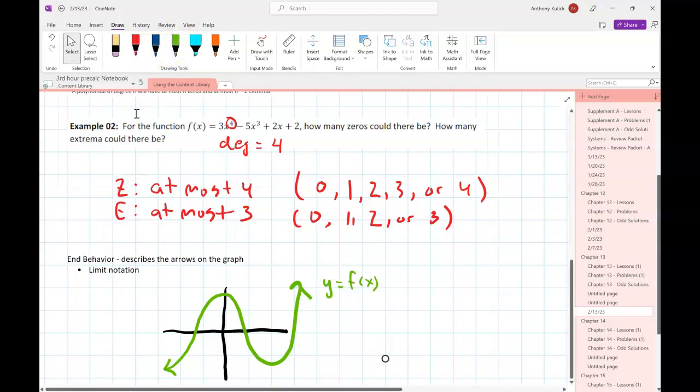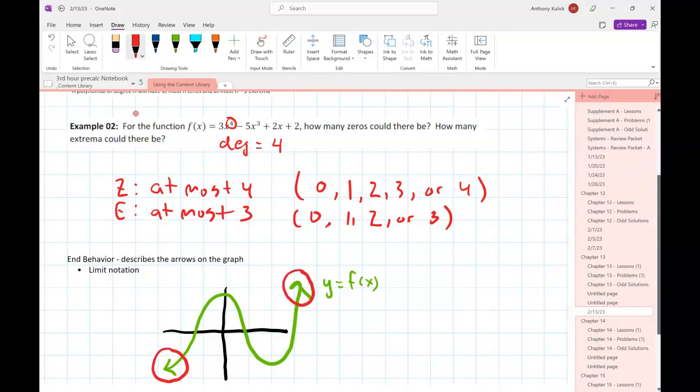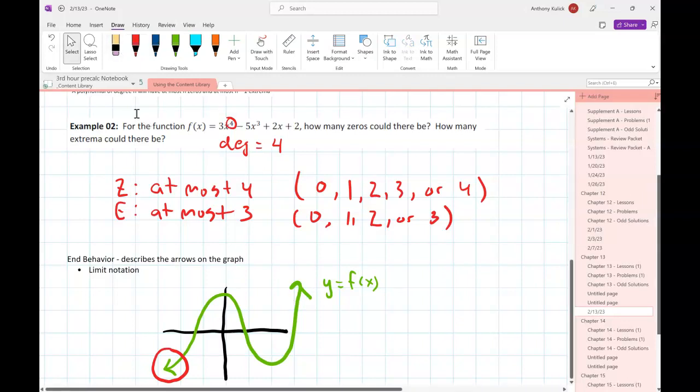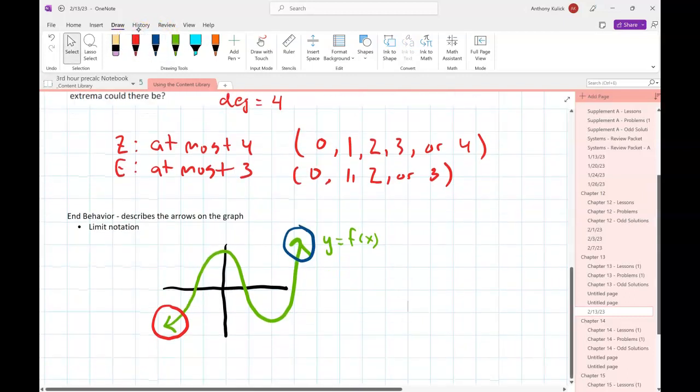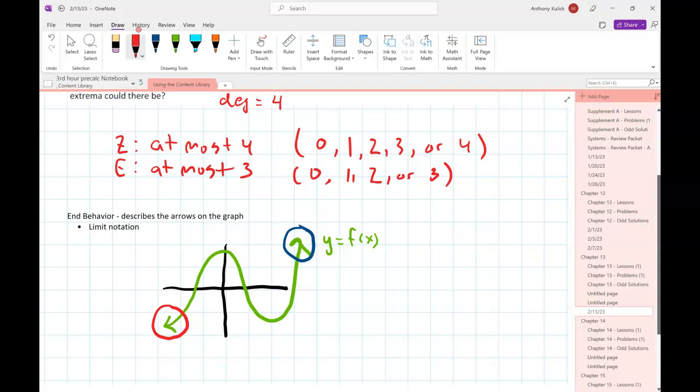So this graph has two arrows on it. Actually, I'm going to color code these. I'll circle one of them in blue. If I were just describing the one in red, I would say it is a left arrow. And is that arrow pointing up or down? Down.